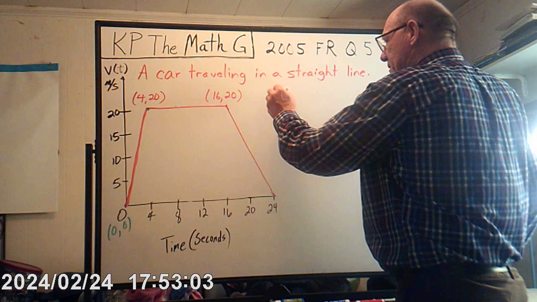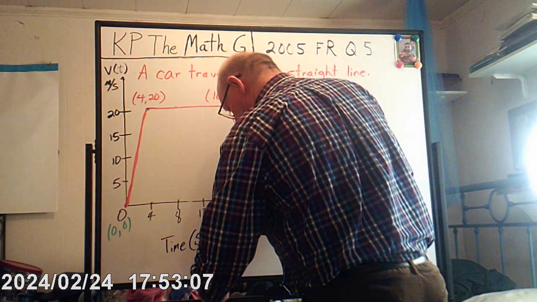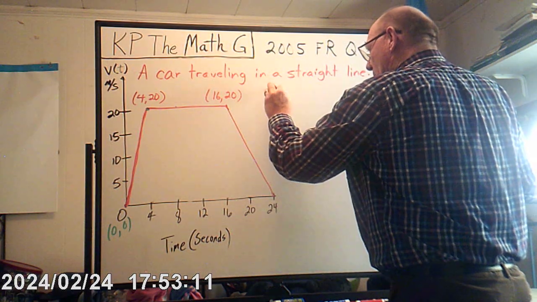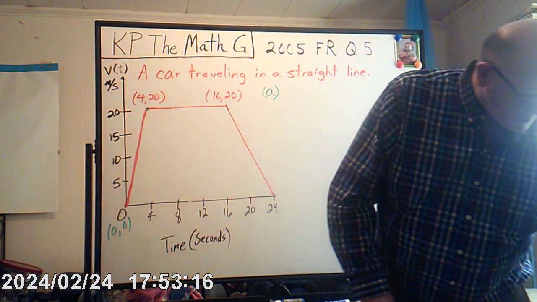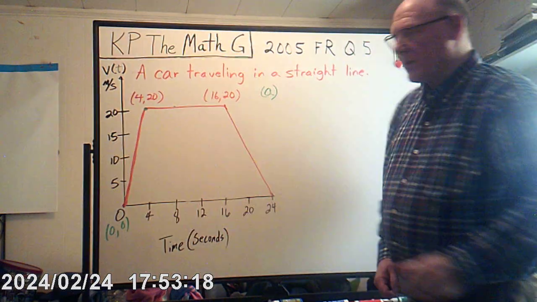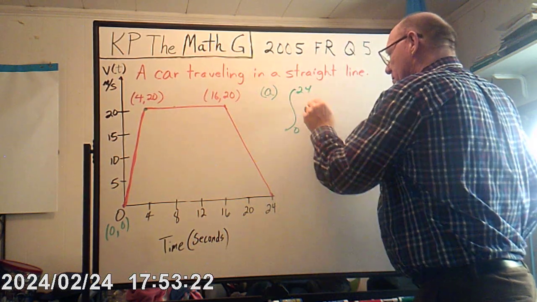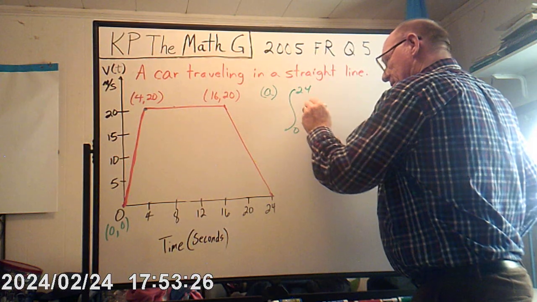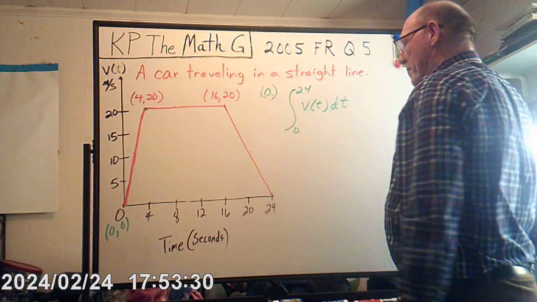And the first question of the two that we're going to answer today, okay, so A part, we want to find out, let me see what A part is. Alright, we want to interpret what this means. It's the integral of V of t dt.